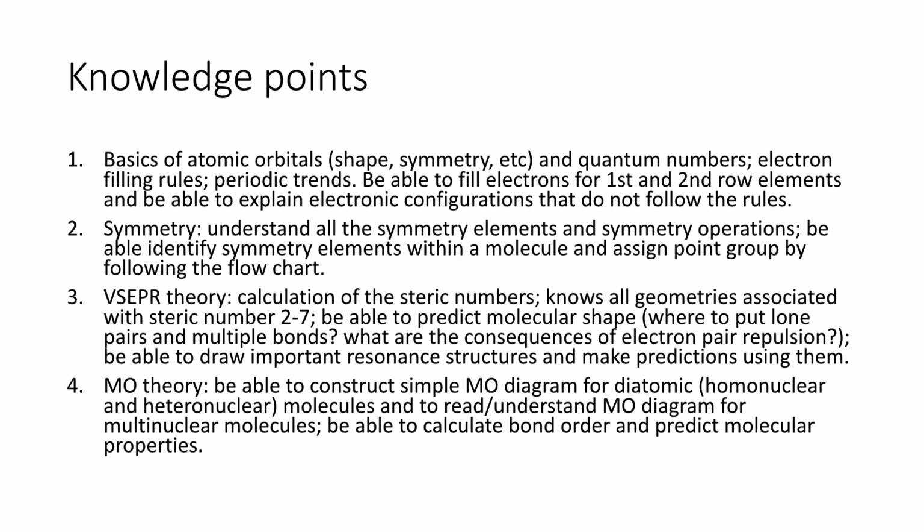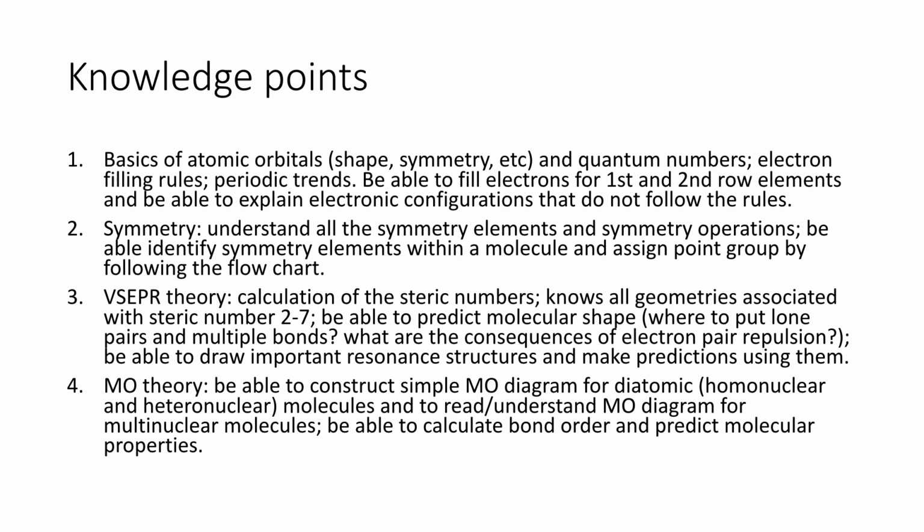Okay. So those are linear, trigonal, tetrahedral, and steric number 5, that's trigonal bipyramidal. And steric number 6 is octahedral, and 7 is pentagonal bipyramidal. On top of that, you should be able to predict molecular shapes.